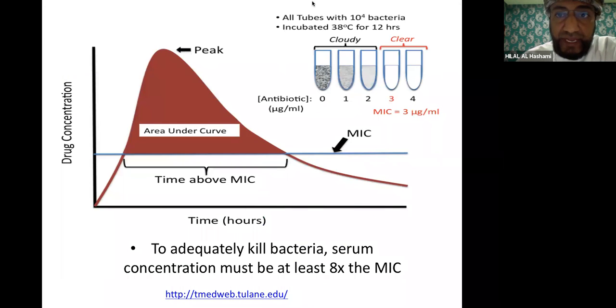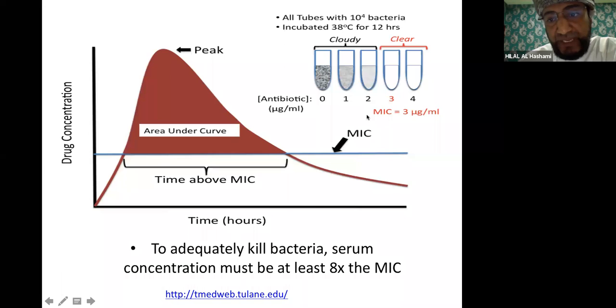Now, when we talk about antibiotics, we talk about the minimal inhibitory concentration. The minimal inhibitory concentration is the minimum concentration of antibiotic that inhibits the visible growth of the bacteria. In this illustration, it shows different concentrations of antibiotics.